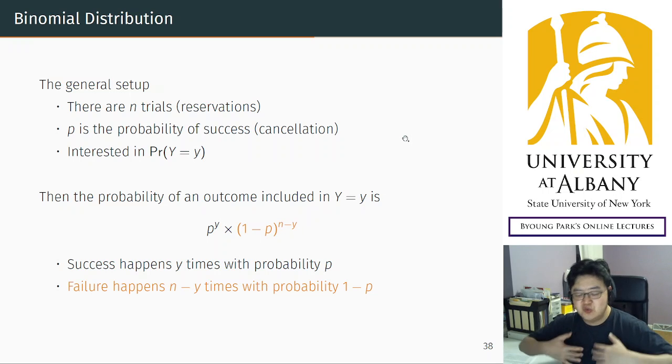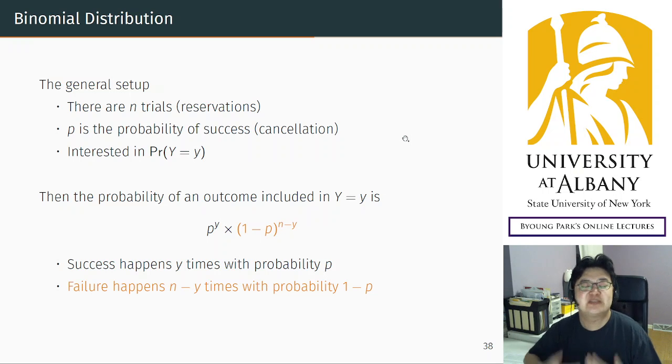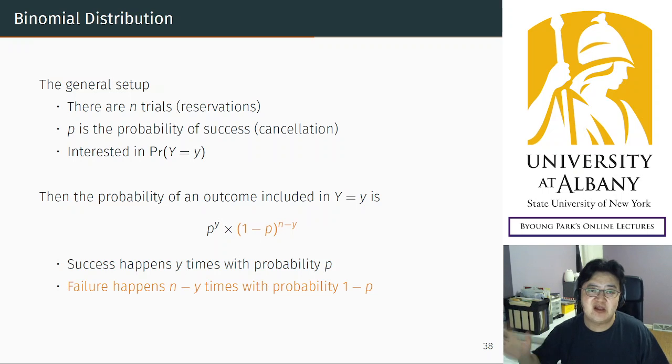So when you repeat n experiments, y is the number of successes, then n minus y is the number of failures. So you have to multiply their corresponding probabilities. p is the probability of success, 1 minus p is the probability of failure. So multiply them. This part is rather straightforward.